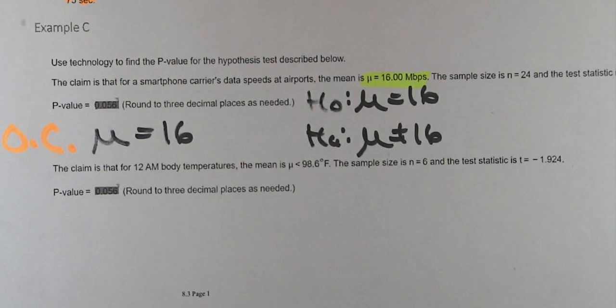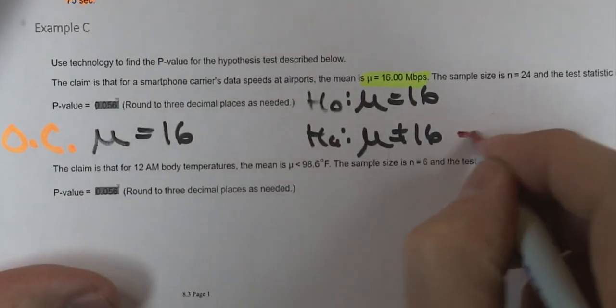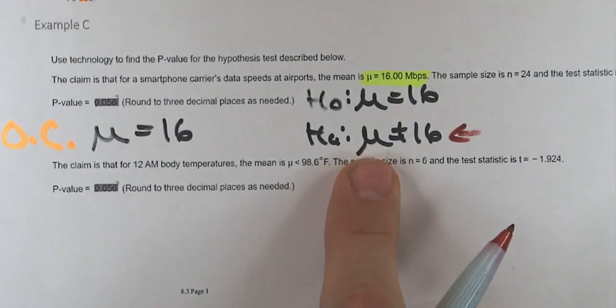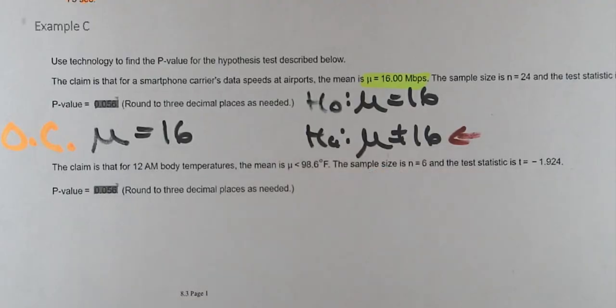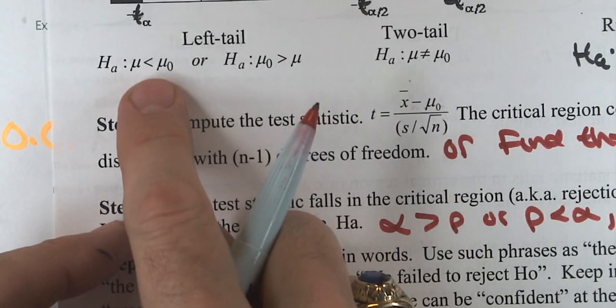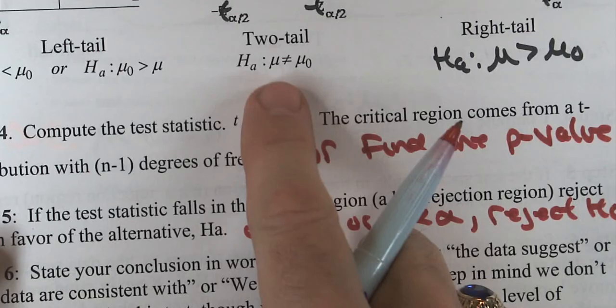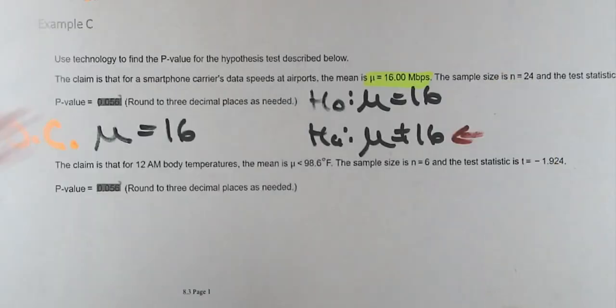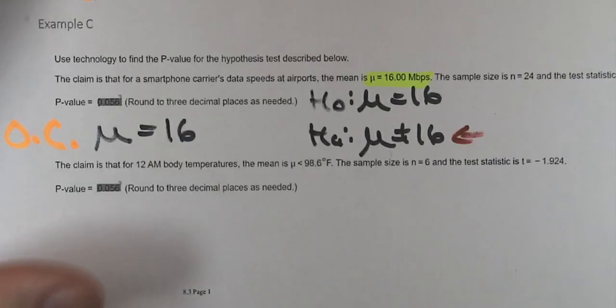This is two-tailed. Now you look at the alternative hypothesis to decide what tail test you're going to have. Basically, when you have a less than, it's going to have a left tail, not equal to, two tail, and greater than, it's going to be a right tail test. So this is going to be a two tail test.